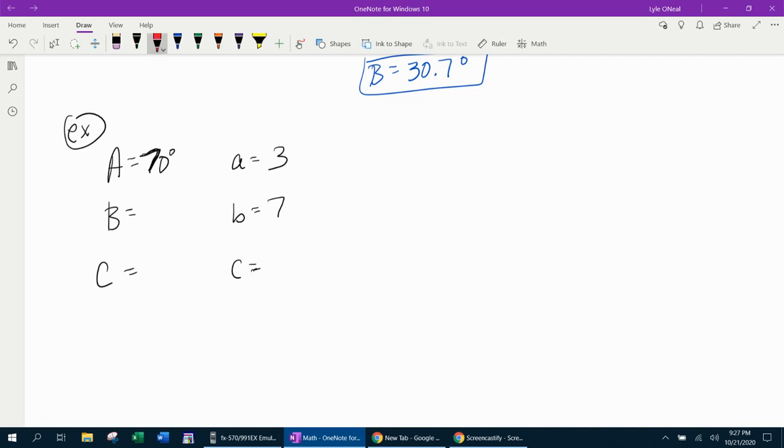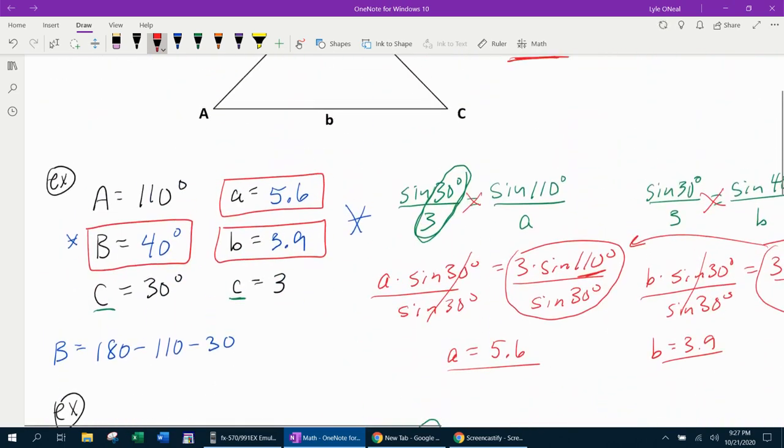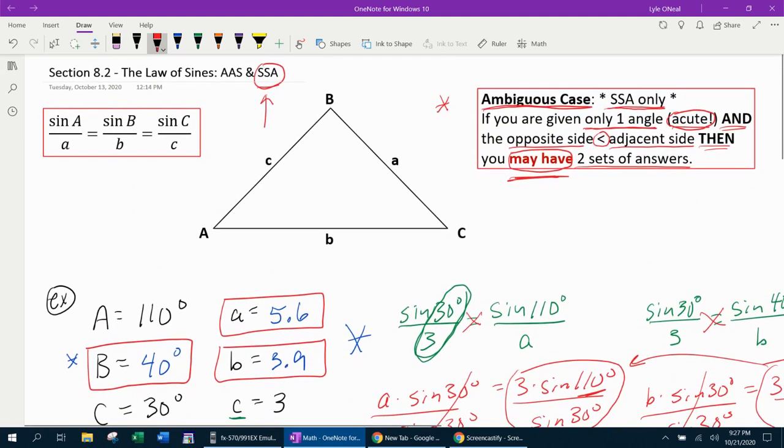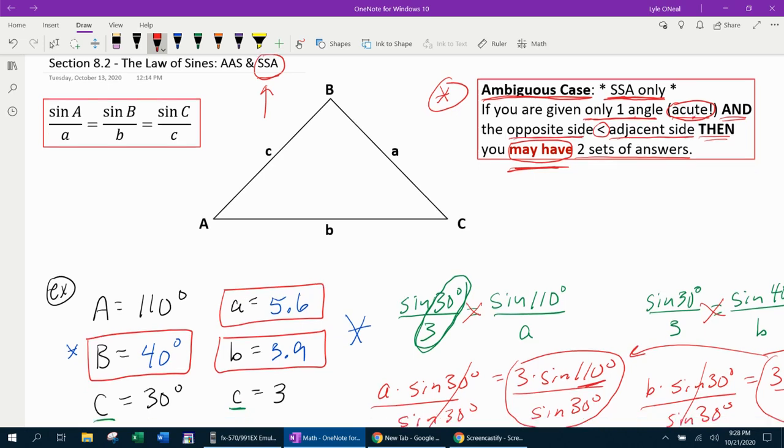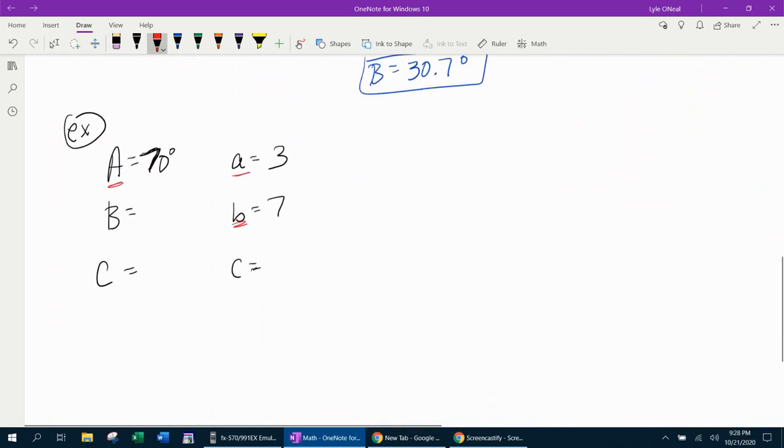All right, so now let's see, since we do have side-side-angle, I need to draw your attention back to the ambiguous case. Anytime you have a side-side-angle, we have to check and see if the angle we're given is acute and if the opposite side is less than the adjacent side.